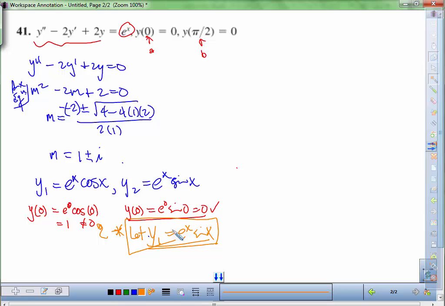Now let's check this other function to see if it satisfies our second boundary. Y of pi over 2 evaluated, e to the pi over 2 is not 0. What's cosine of pi over 2? That is 0, so that works out. So this would be, fittingly enough, y2.